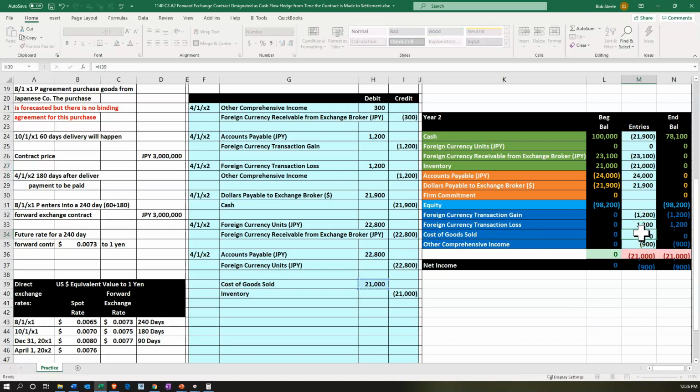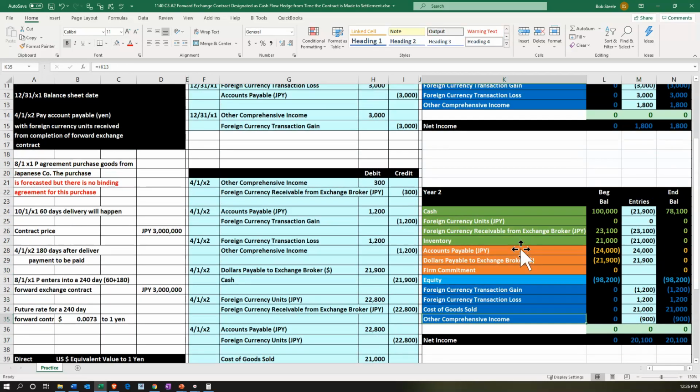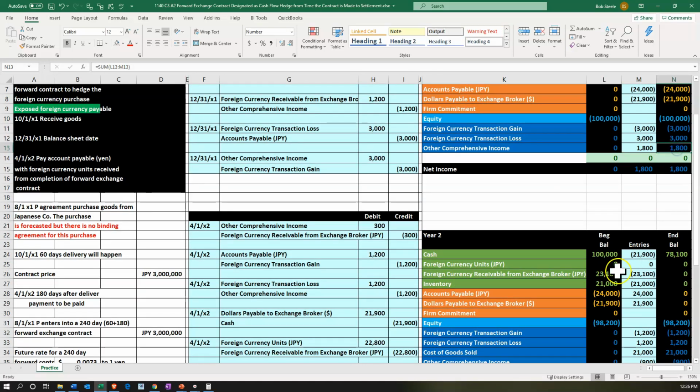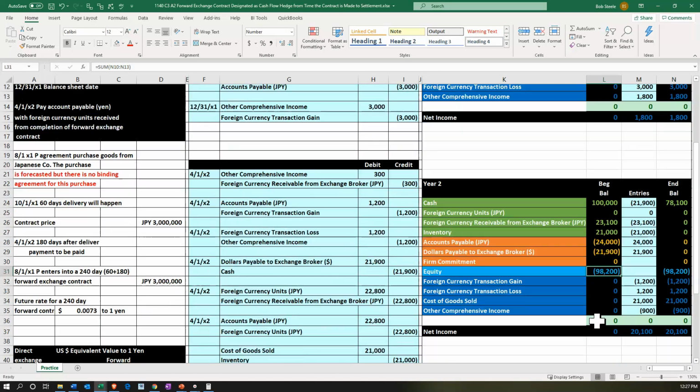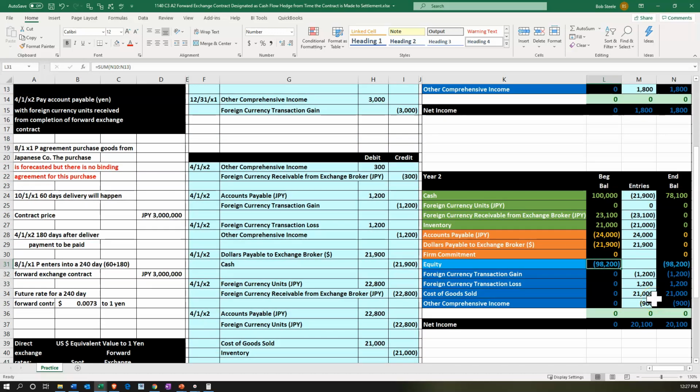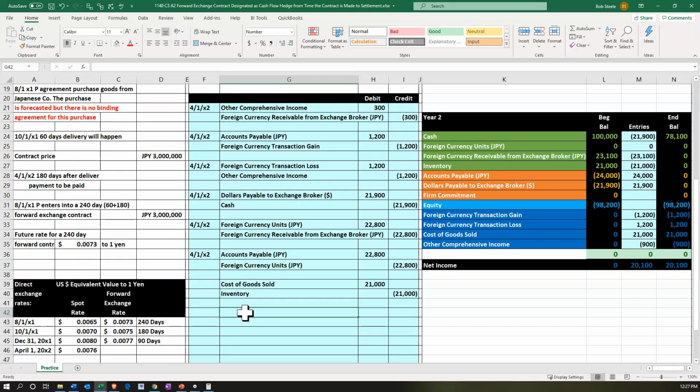However, we're also going to include the effect on the other comprehensive income, both from the prior year, which rolled into other comprehensive income included in the equity section, and in the current year, which is this 900 down below. So let's do that here. We're going to have to include it. The cost of goods sold is going to be affected, and I'm going to pick up the other comprehensive income here.